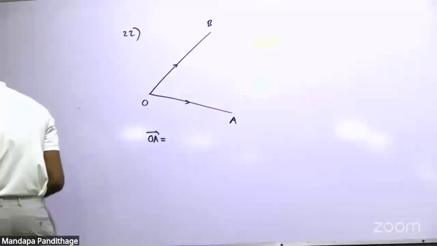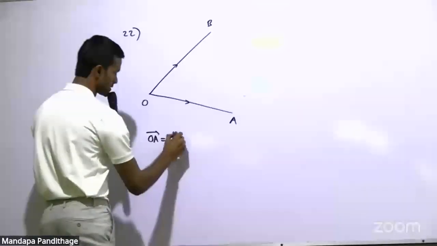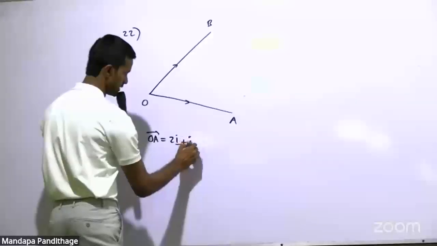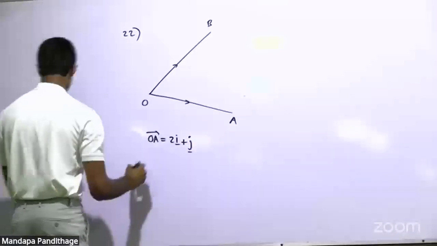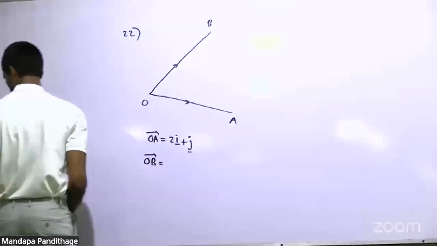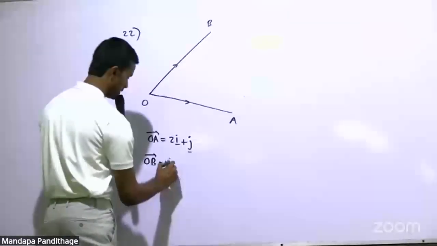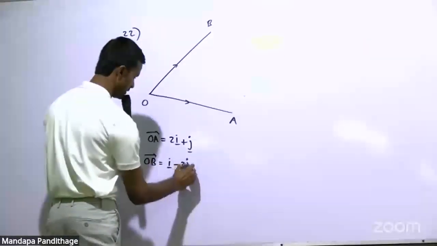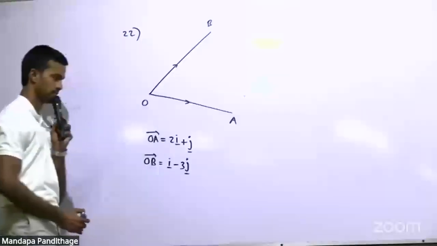Vector OA is 2i plus j, and vector OB is equal to i minus 3j.